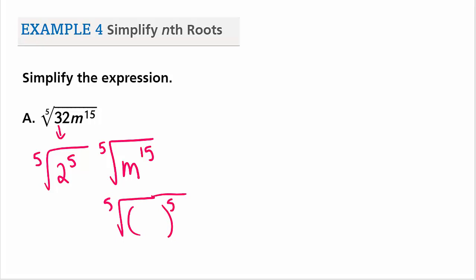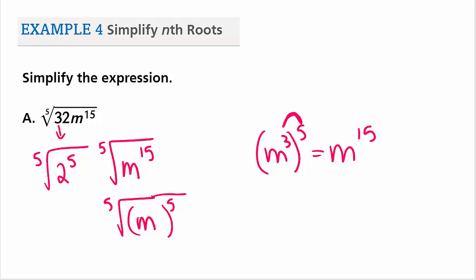So the question is what are we going to put on the m? Remember that if we want m to the 15 and we have a 5 already on the outside, we're going to need a 3 on the inside, because the rule is that we multiply those numbers together.